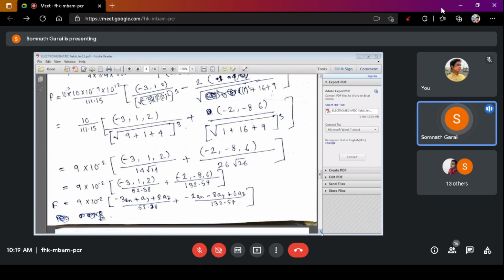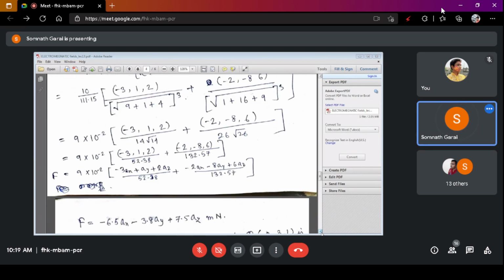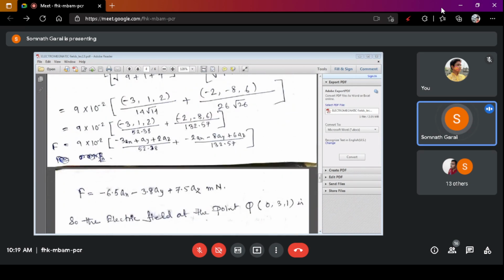So after dividing, we get our force. The force F is equal to minus 6.5 ax minus 3.8 ay plus 7.5 az millinewton. So this is the force on the 10 nanocoulomb charge with respect to the two point charges Q1 and Q2.